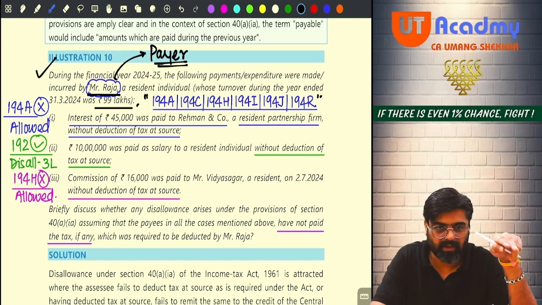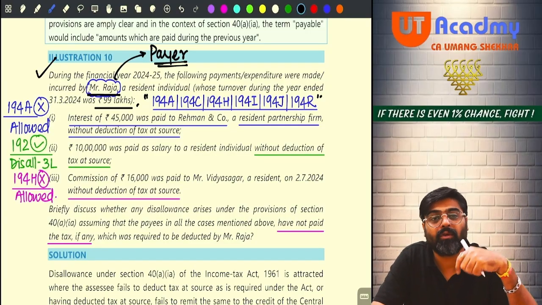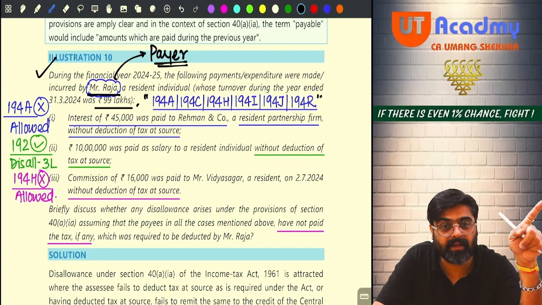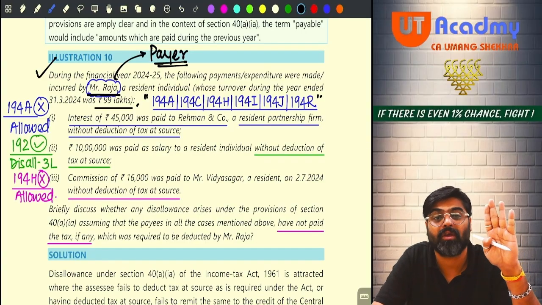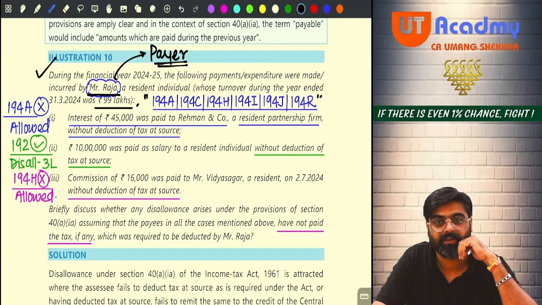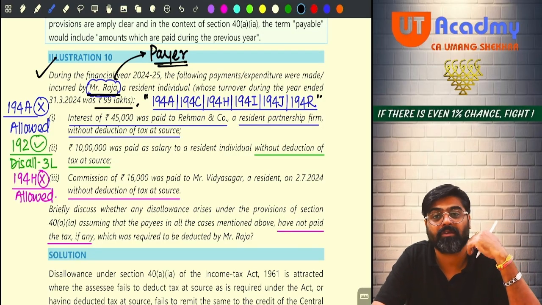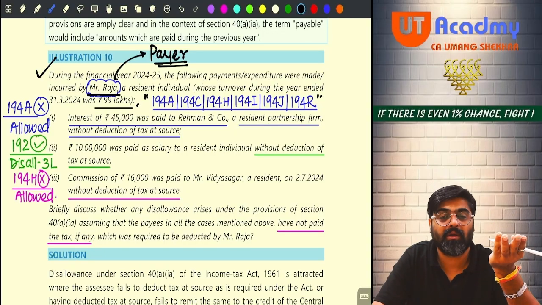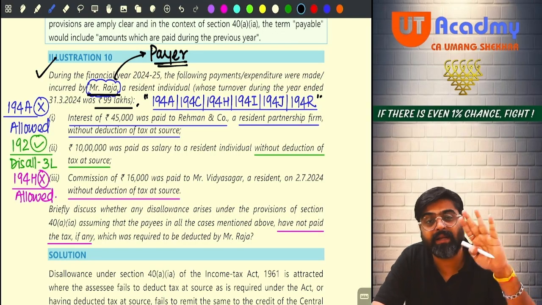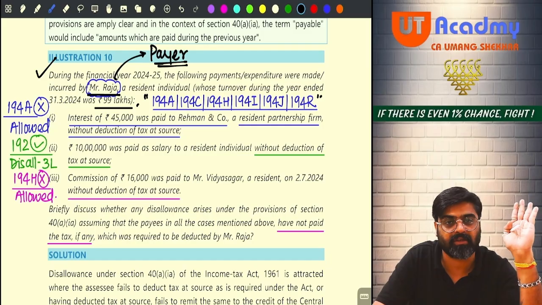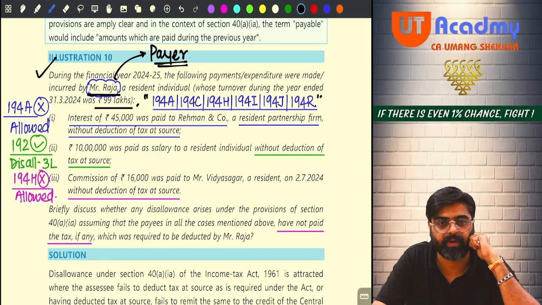Yes. A resident? Yes. To that partnership firm, he was paying interest. This is not interest on securities. This is any other interest. Interest on securities means interest on debentures, interest on government securities, interest on bonds, etc. Other than interest on securities, whatever interests are there are covered in section 194A.